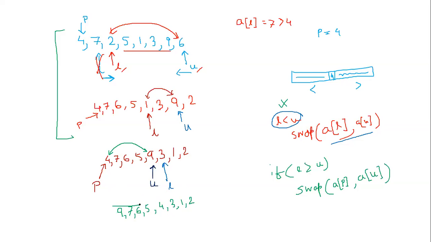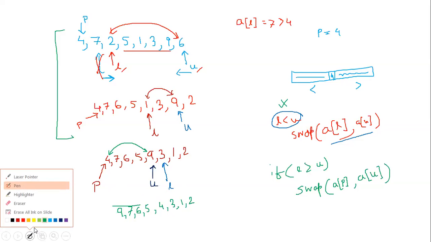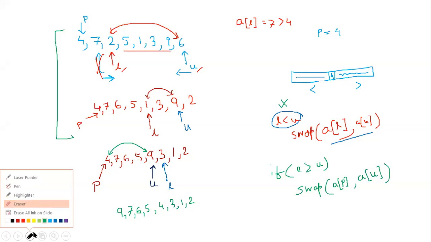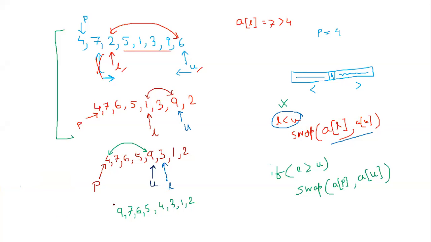So this is my newly arranged array, where the pivot element points position is this.